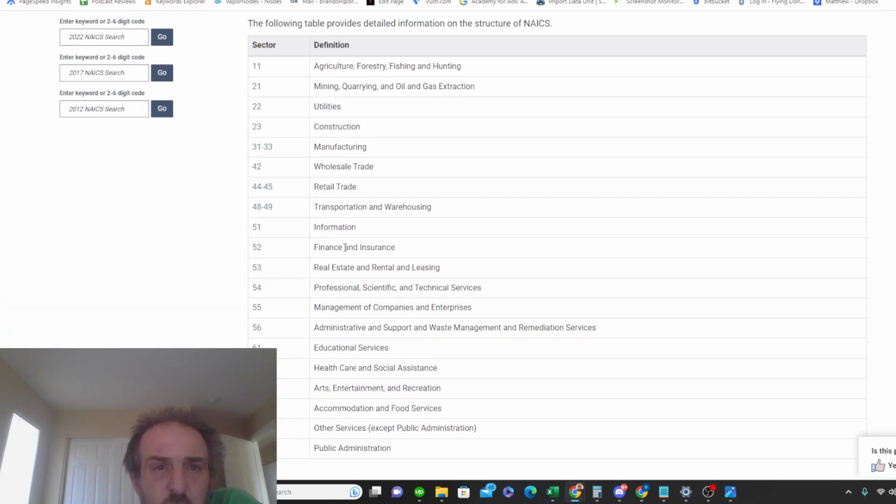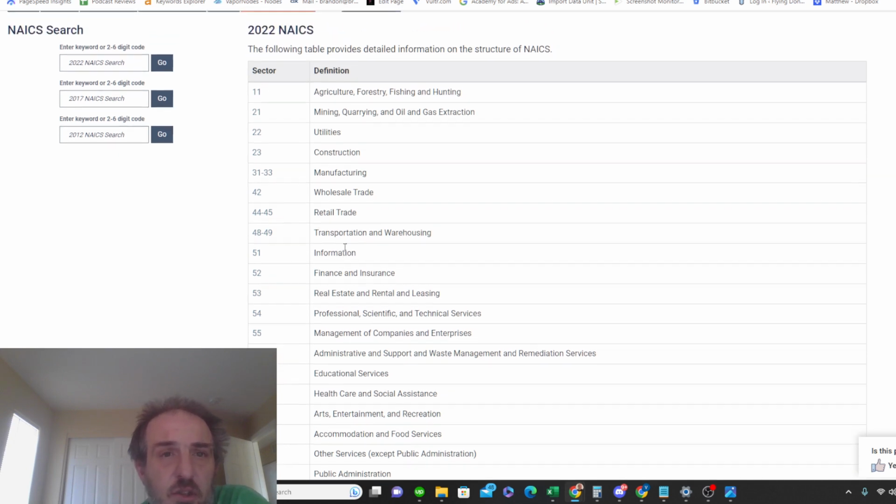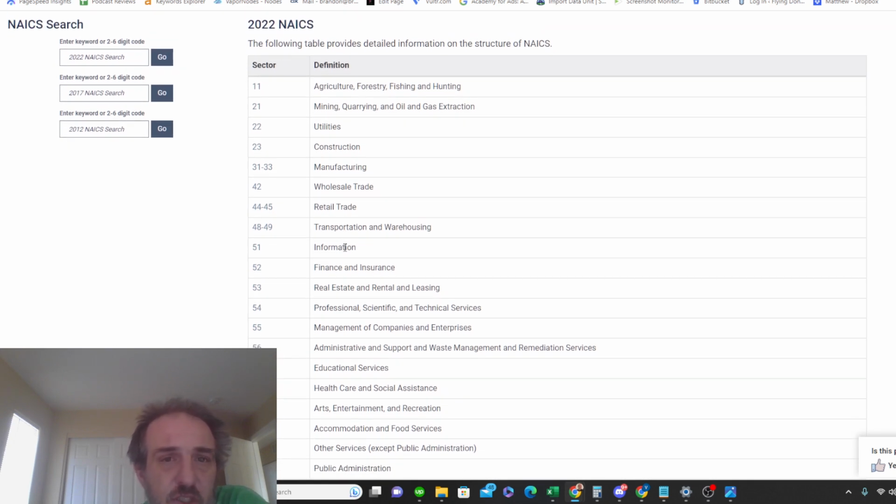The 2-digit numbers are the broadest range in the industry. It's agriculture, forestry, fishing, and hunting, construction, utilities, mining, manufacturing, wholesale trades, retail trades.